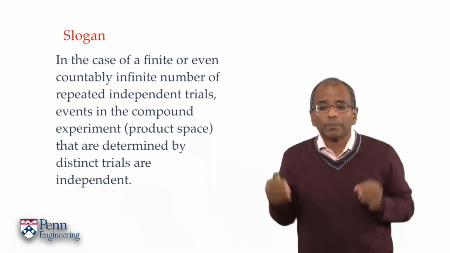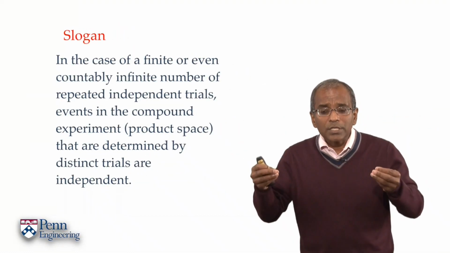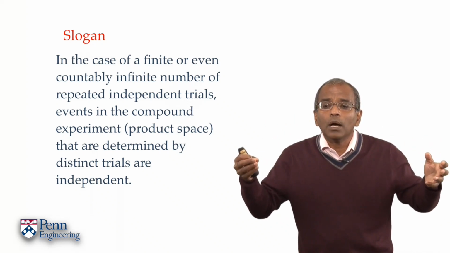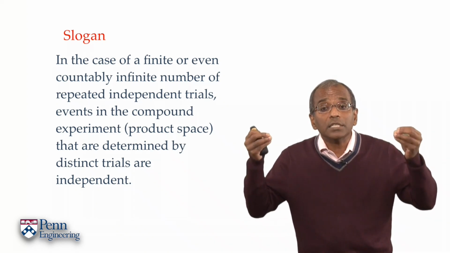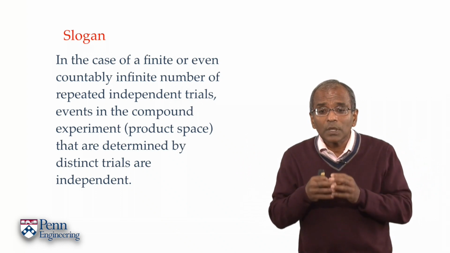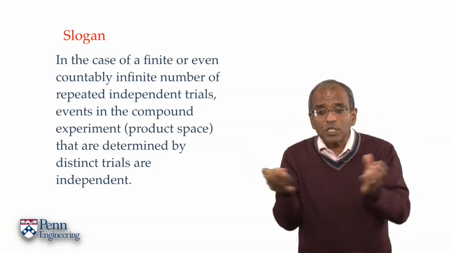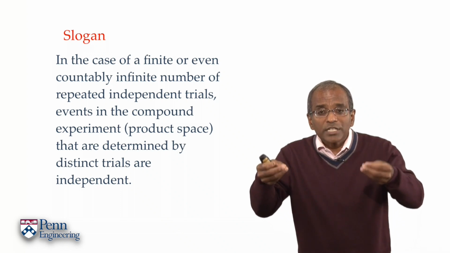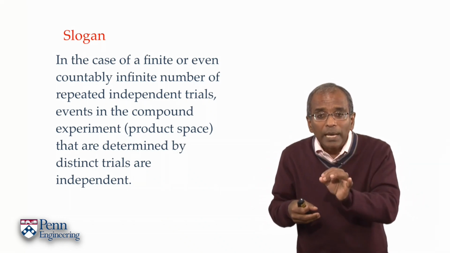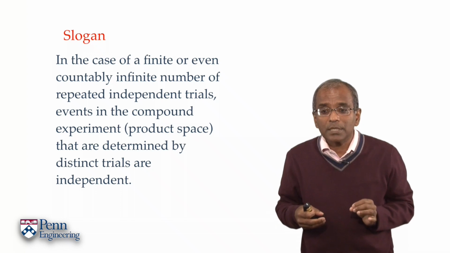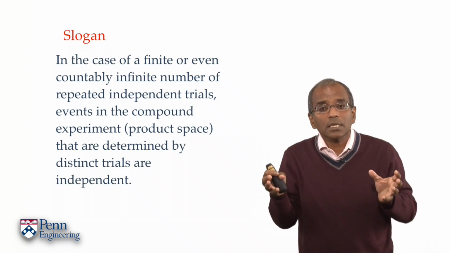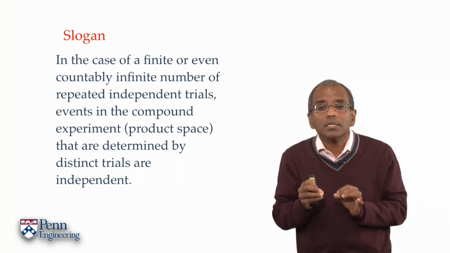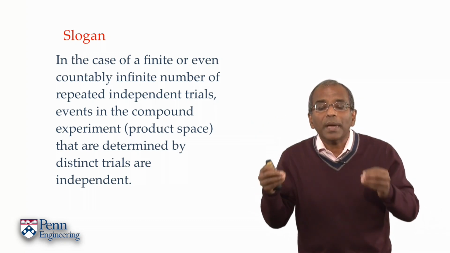And we'll capture it in a slogan. In the case of a finite or even countably infinite number of repeated independent trials, the compound experiment or the product space, to which is attached a product measure by multiplying individual atomic probabilities, in such settings, events determined by distinct trials are independent.